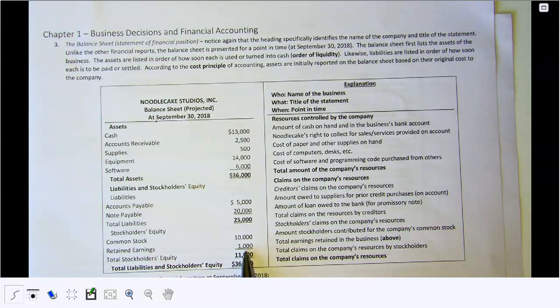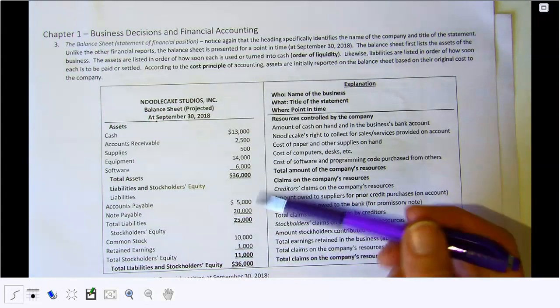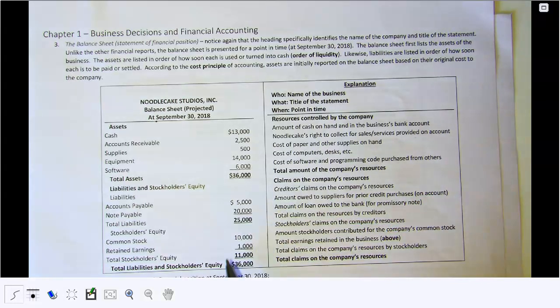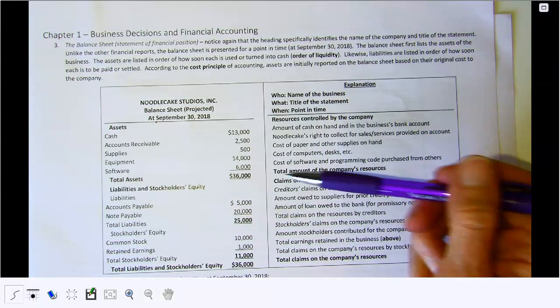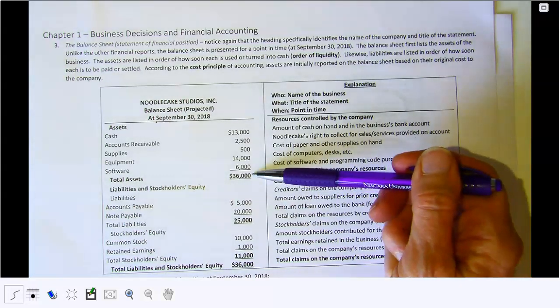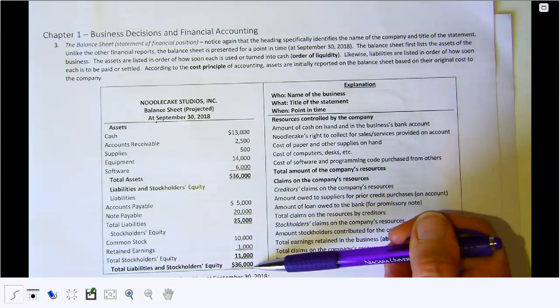And we get that amount from the previous statement that we just completed. Now, when we add the liabilities and the stockholders' equity, it equals $36,000. That matches the assets. So we've just proven that the assets equal the liabilities plus the stockholders' equity.